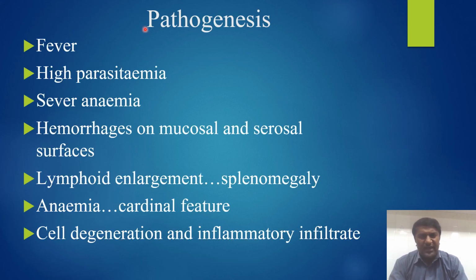So pathogenesis: it has the following symptoms like fever, parasitemia, severe anemia, hemorrhages on mucosal and serosal surfaces, lymphoid enlargement, splenomegaly, anemia as the cardinal feature, and cell degeneration and inflammatory infiltrate.